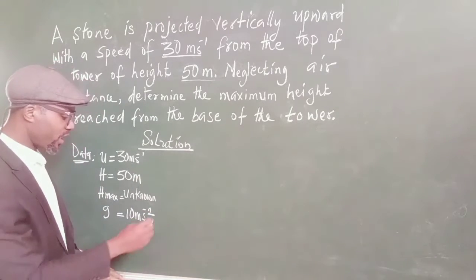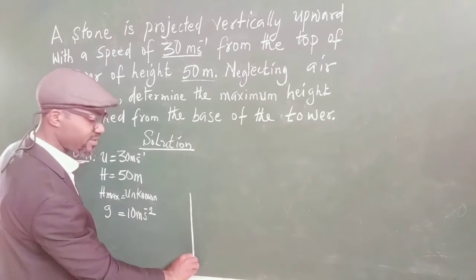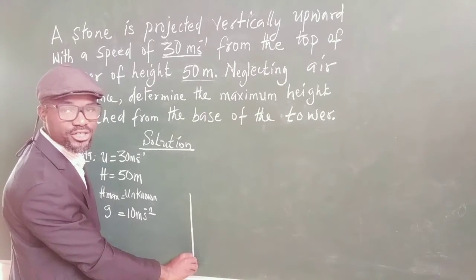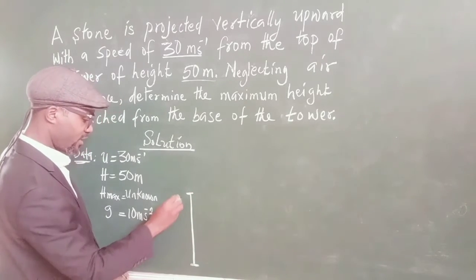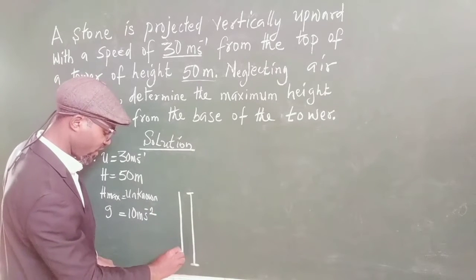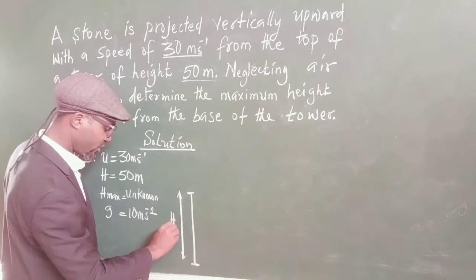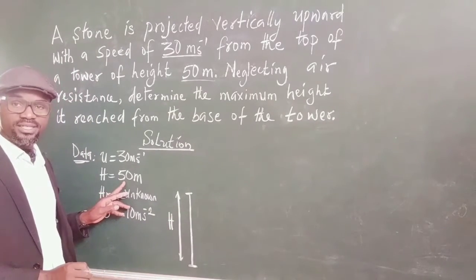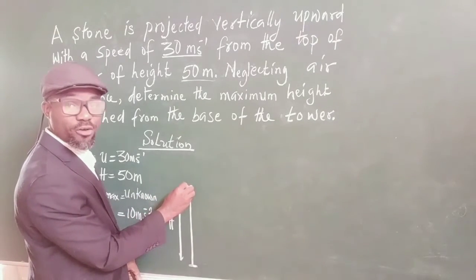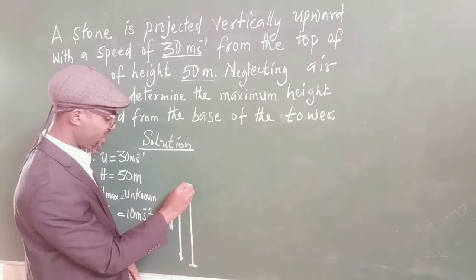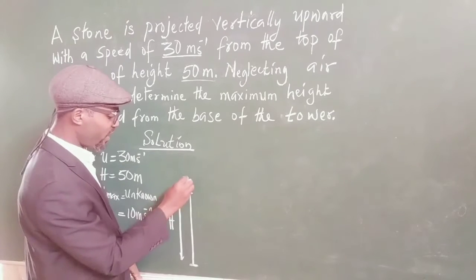If we take this as a hypothetical representation of the tower itself, the height of the tower is given as H, that is 50 meters. Very good. At the top of the tower, an object is projected vertically.